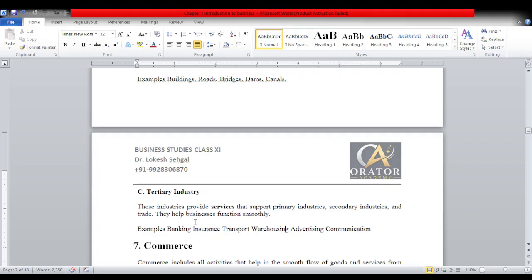You are taking banking services, insurance services, transportation services, warehousing services, and sometimes advertising and communication services. This is how the tertiary industry engages in providing services to different customers and clients over a period of time.